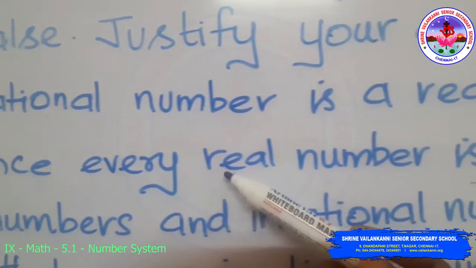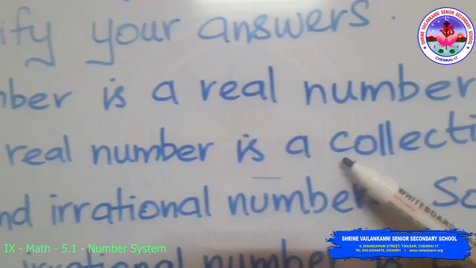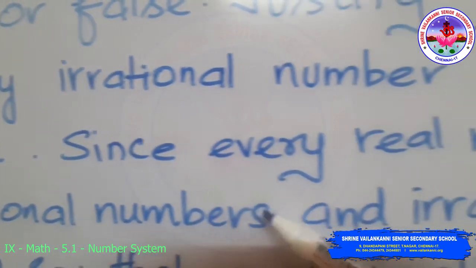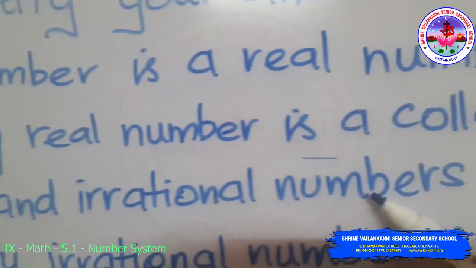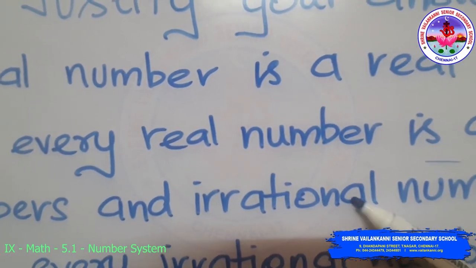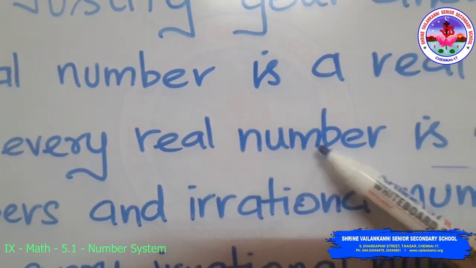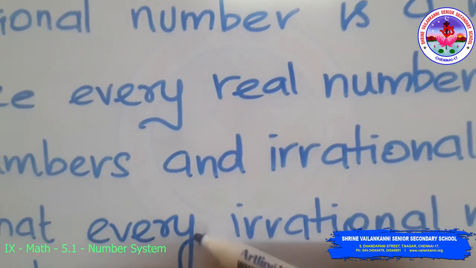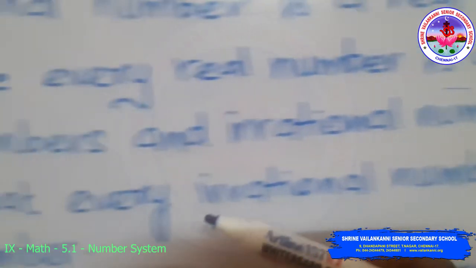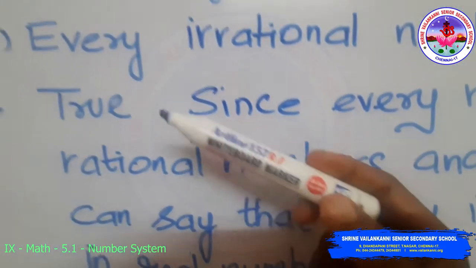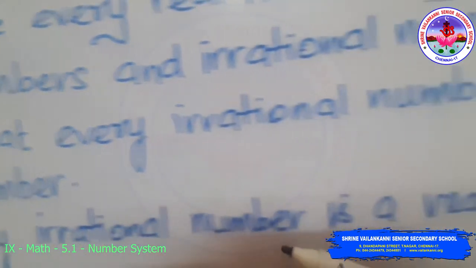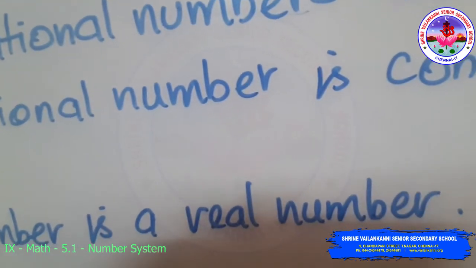Since the real numbers are a collection of rational numbers and irrational numbers, all the irrational numbers are contained in the real numbers. So every irrational number is contained in the real numbers. So the statement is true. That is, every irrational number is a real number.